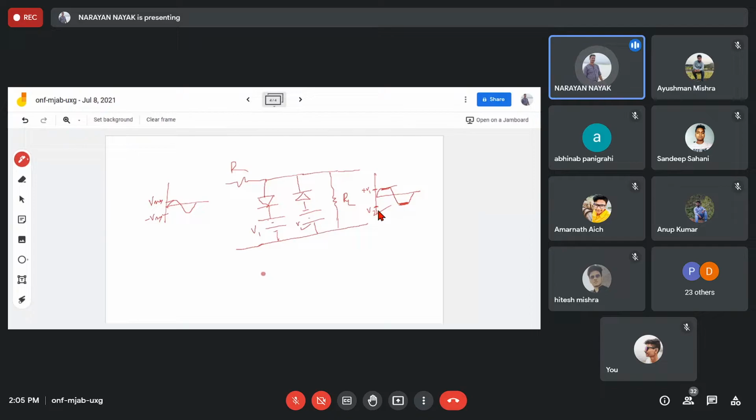Clear? Now, what is the application of the clipper circuit? Generally, we use the clipper circuit for an FM transmitter, where the noise you are getting can be removed.